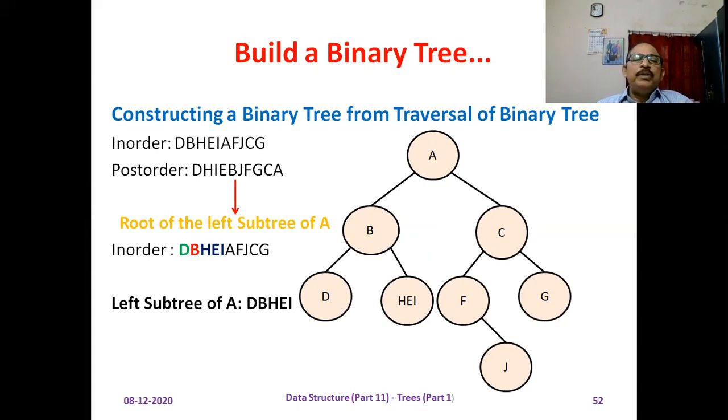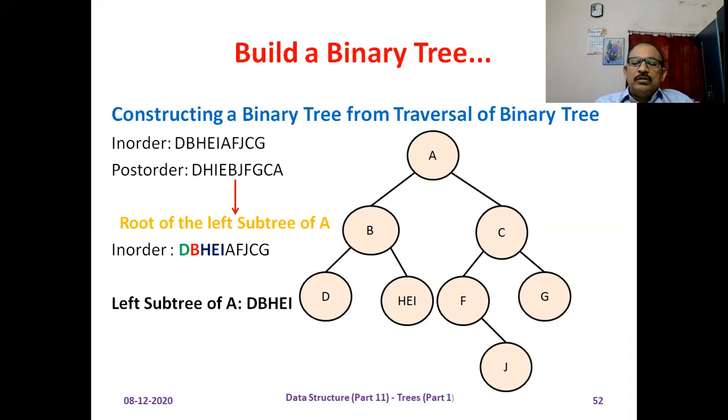D is the left of B, therefore D becomes the left child of B. And nodes H, E, I are the right of B, therefore these nodes become the right subtree of B.